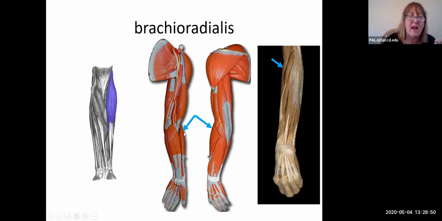And then if you go medial to that, what you will notice are the one pronator teres, two flexor carpi radialis, three palmaris longus, and four flexor carpi ulnaris superficial muscles. So there are five flexor muscles right there.